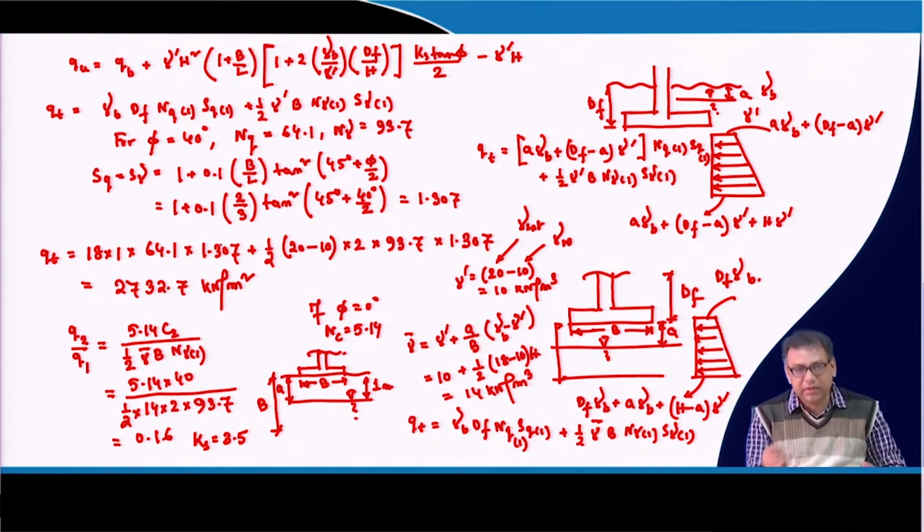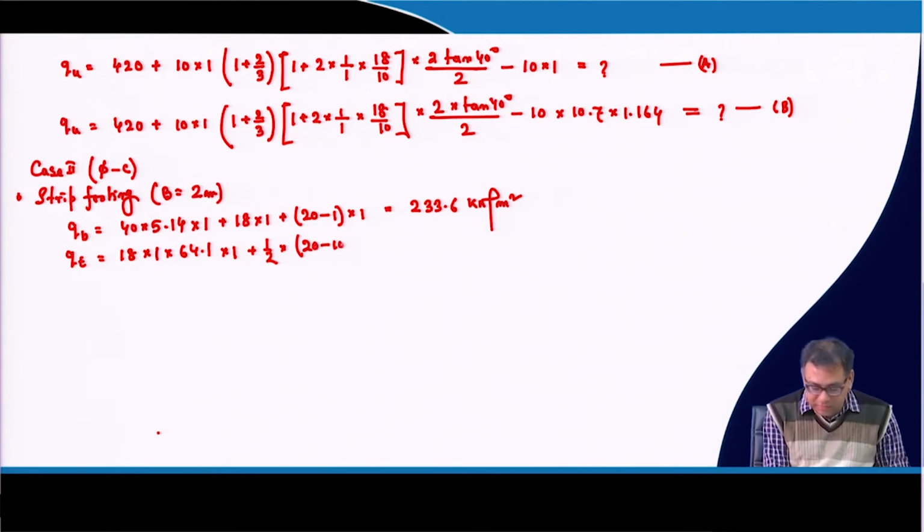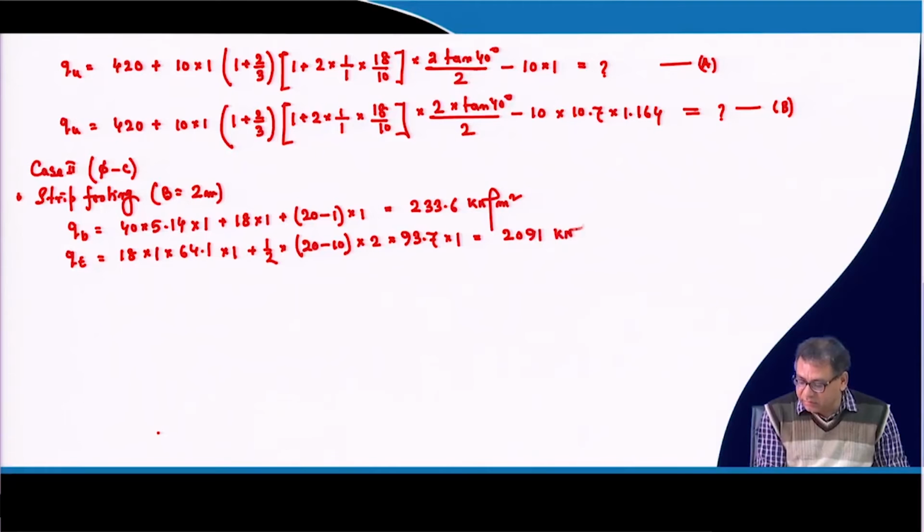So, both the shape factors are 1. So, I am just putting that shape factor is 1, then plus half into (20 minus 10) into width 2 into 93.7 into 1. So, that is 2091 kilonewton per meter square.